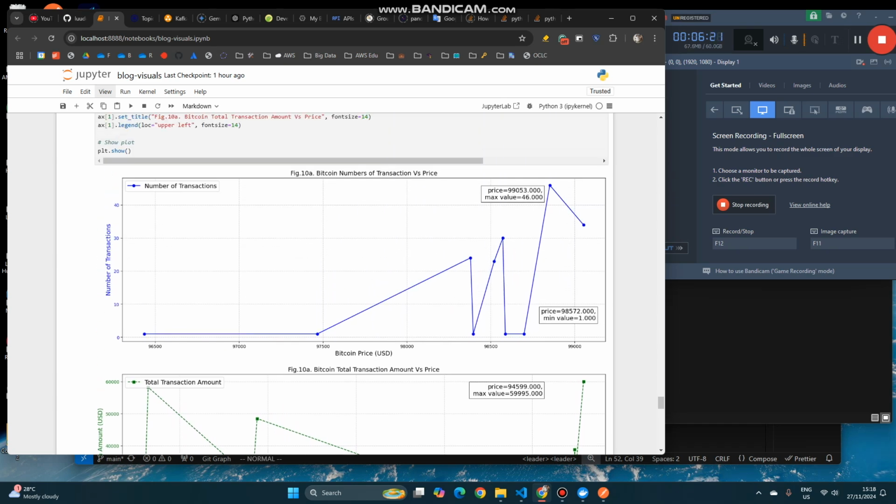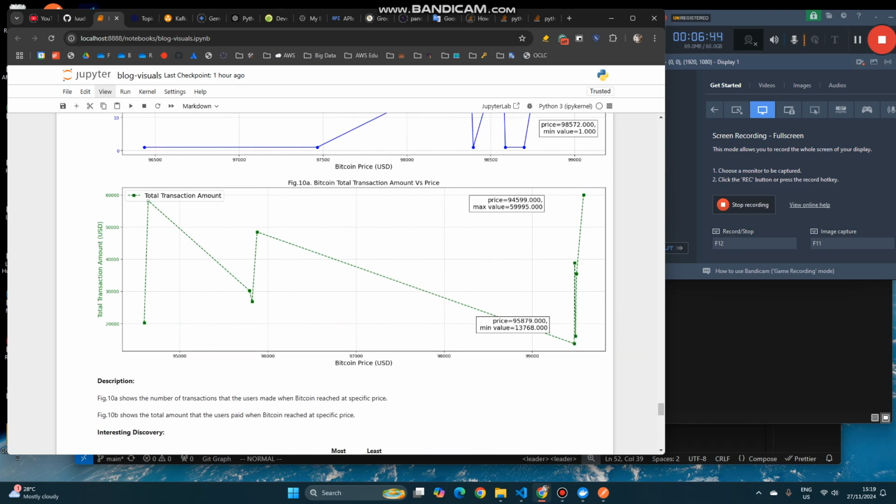So the final plot is about I want to see at which price of the Bitcoin the user makes the most number of transactions, and at which price of Bitcoin the customer makes the least number of transactions.